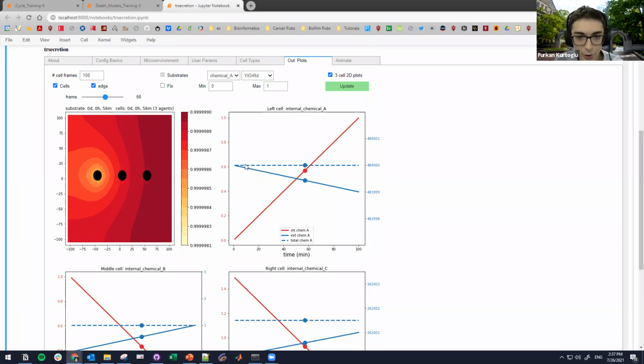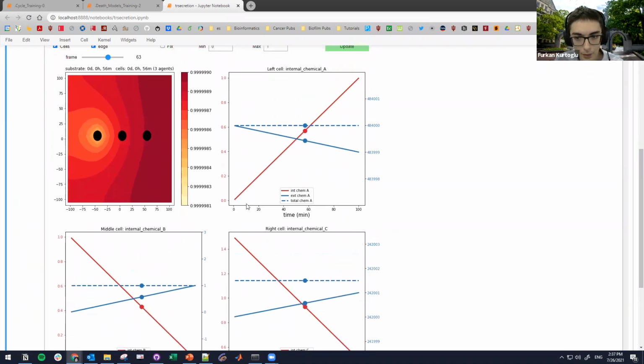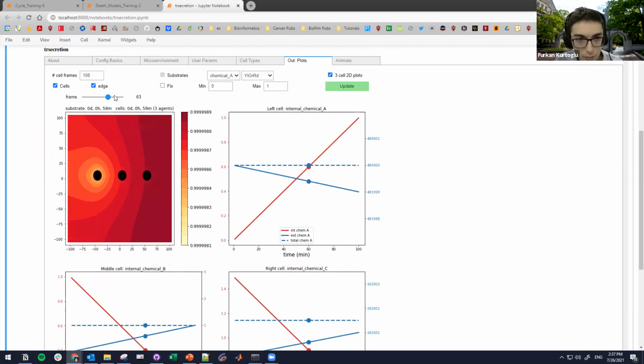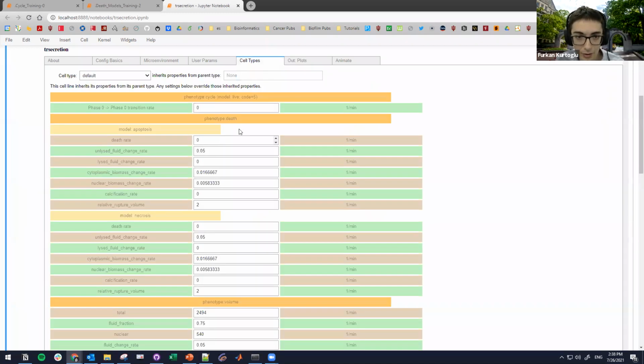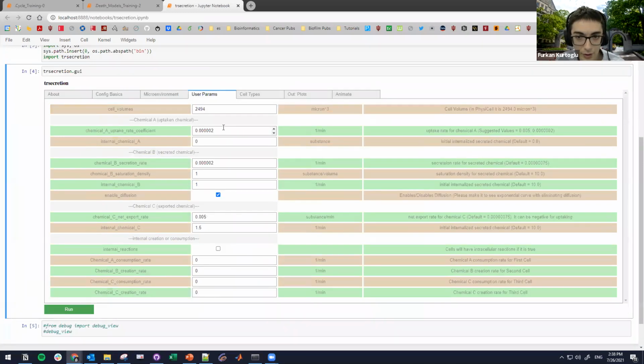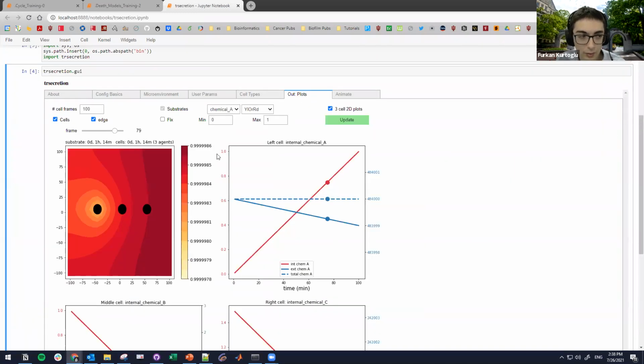I just want to show that the mass is conserved there. So in here, it is taking the substrate, one substrate, in 100 minutes, because this one is very, very low.